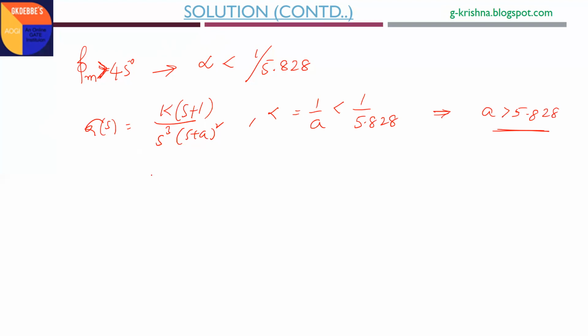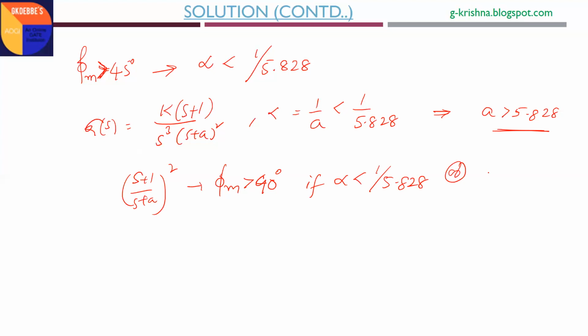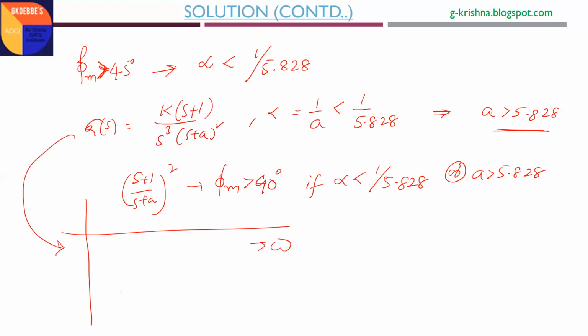And these two lead systems will provide a phase shift greater than 90 degrees if alpha is less than 1 by 5.828, or a is greater than 5.828. That is, our phase plot will be like this for this transfer function.